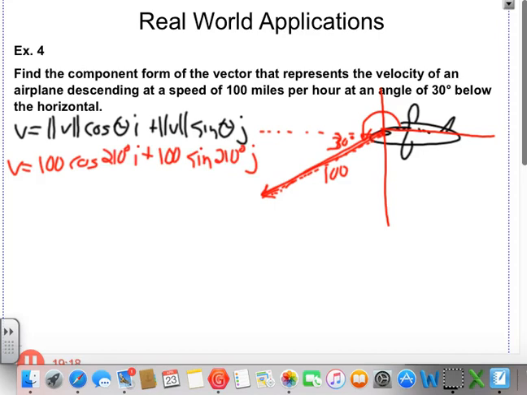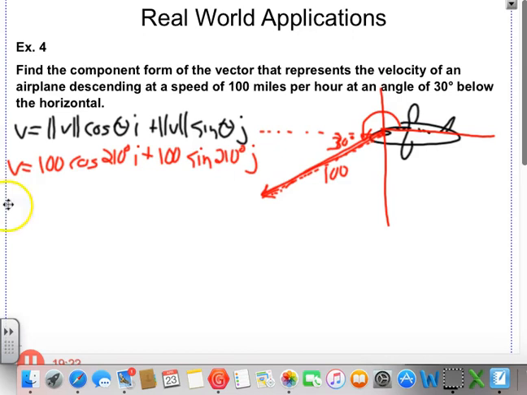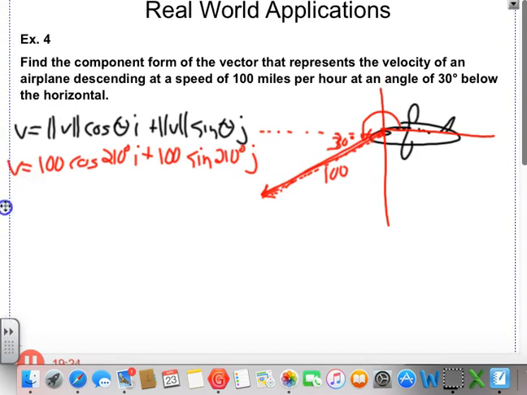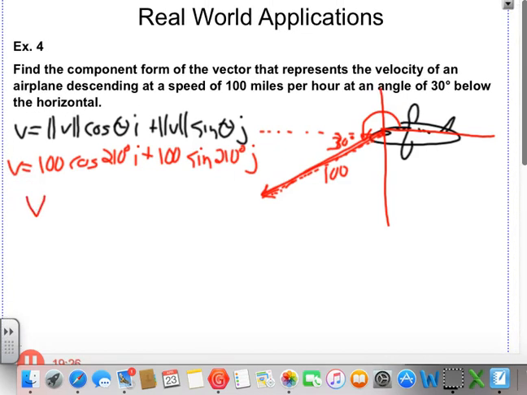All right, so now we just have to use our knowledge of the unit circle. So we've got 100 times the cosine of 210. Thinking of our unit circle, 210 degrees over here, cosine is going to be a negative value in this quadrant.